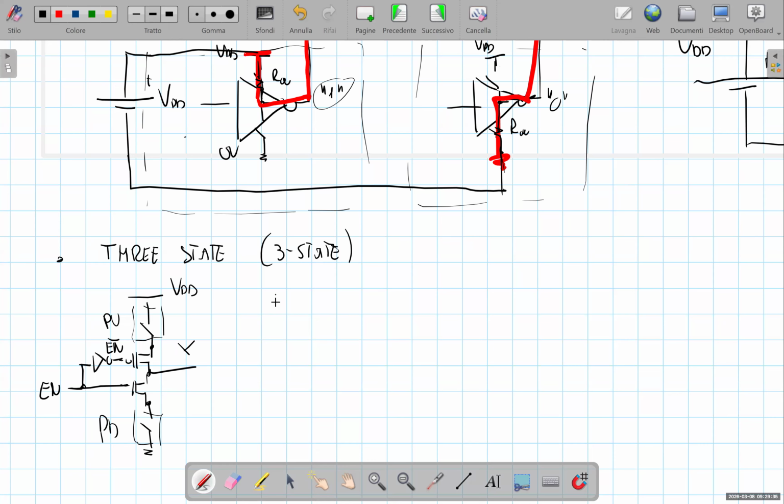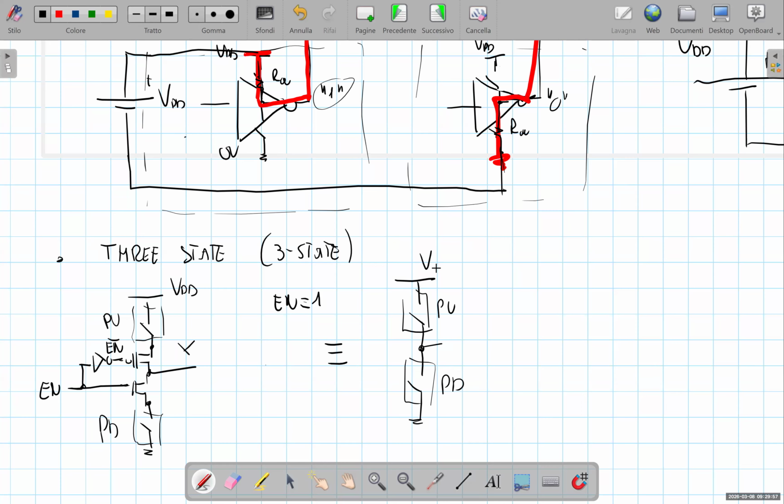So if enable is 1, this gate is equivalent to a totem pole gate with its own pull-up and pull-down network.